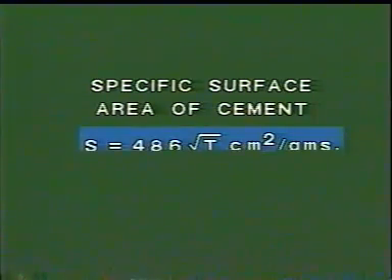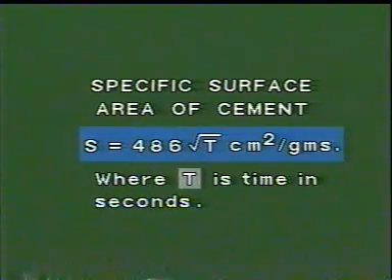Once the weight of cement is calculated, perform the experiment as described earlier and calculate the specific surface area using the equation S is equal to 486 multiplied by T under the root in centimeter square per gram, after noting down the time T in seconds.